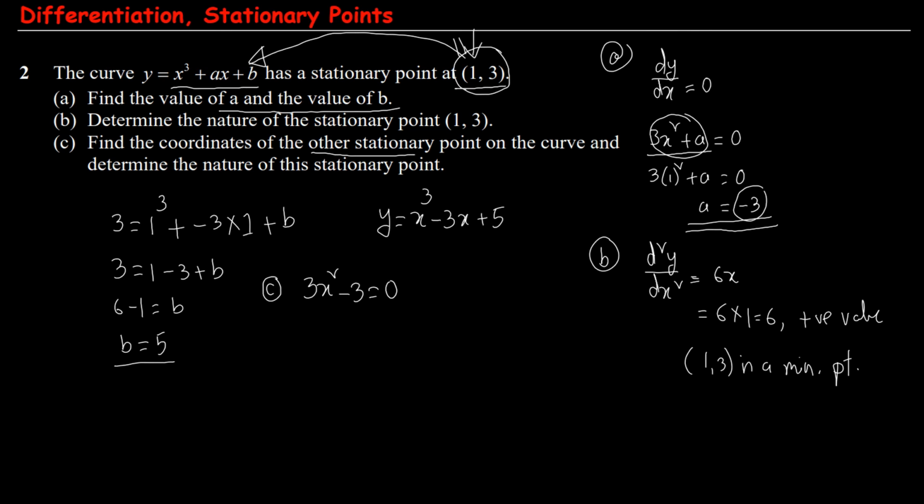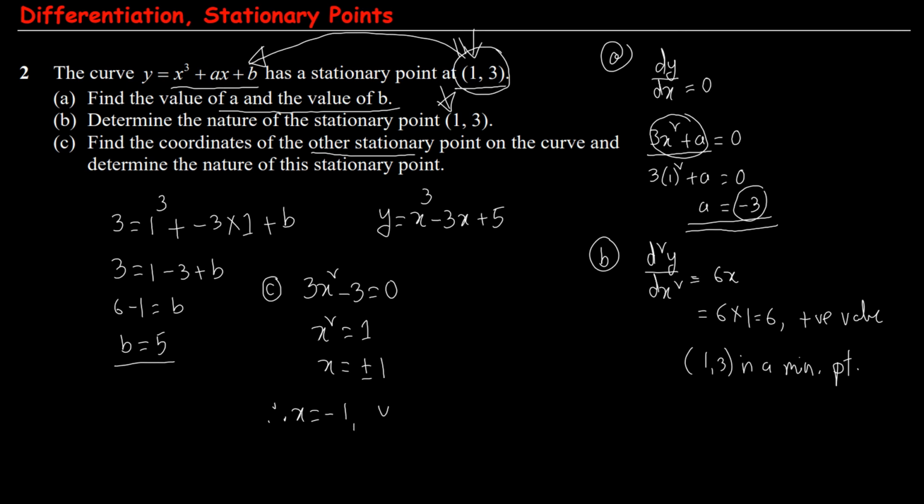So dy by dx equals 0, we are considering it again to get the other value of x. From here we get x square equals 1, which gives us x equals plus or minus 1. One point is already given, (1, 3). So the other point has x equal to minus 1.